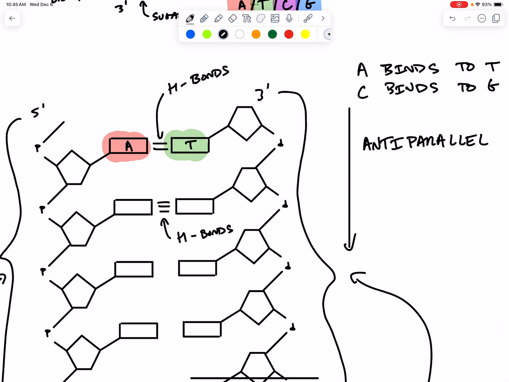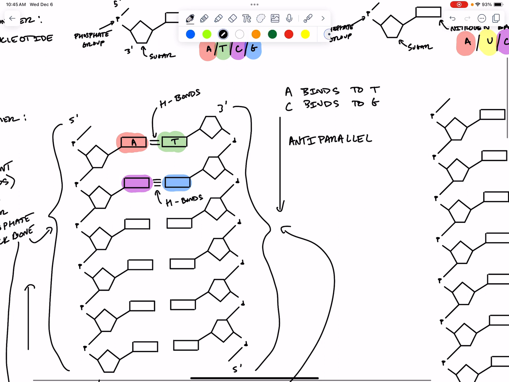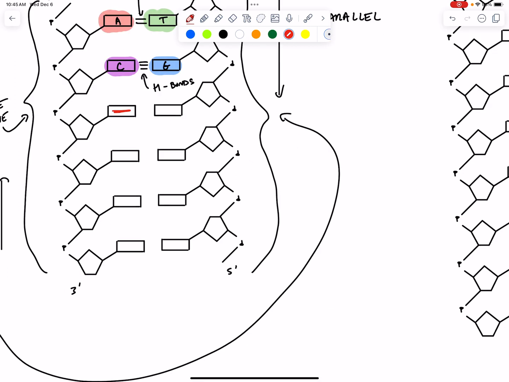Okay, so going back to our little shady bit, C is purple and G is blue. So if we were to go down the one strand of the molecule and just color it in, I want to do the highlighter with different colors.